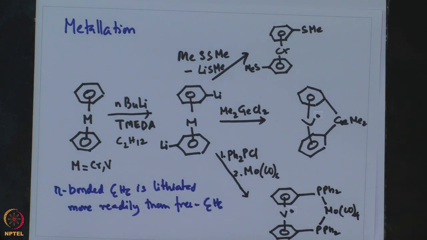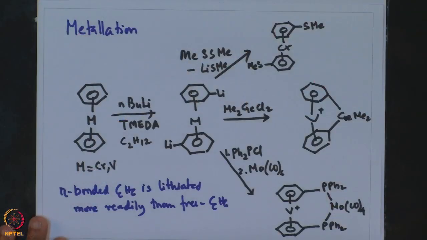So, what we had seen is that though electrophilic aromatic substitution was kind of a hindrance or not very common for bis arene complexes, this double lithiation in presence of TMEDA provides a route for putting different kinds of substituents on the benzene ring, and examples of three different reactions are shown over here.